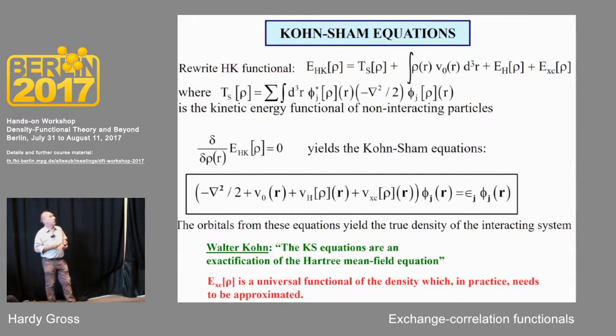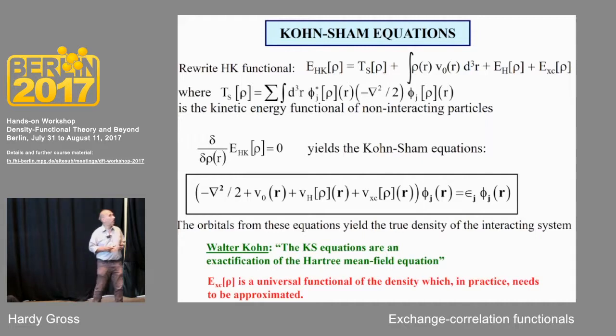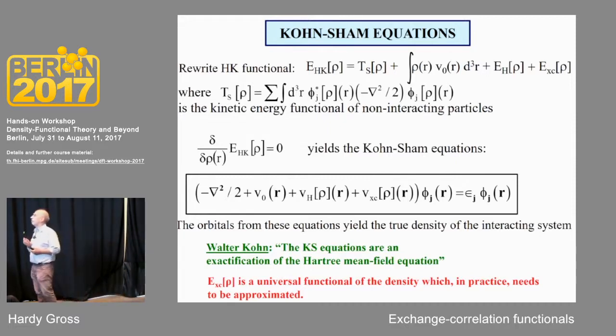Okay, so this functional, EXC, or the functional derivative, which is VXC, is a universal functional of the density, and this is the guy that needs to be approximated in practice. Let's just remember what universal means here. Universal means that this functional does not depend on the particular system that we want to calculate.